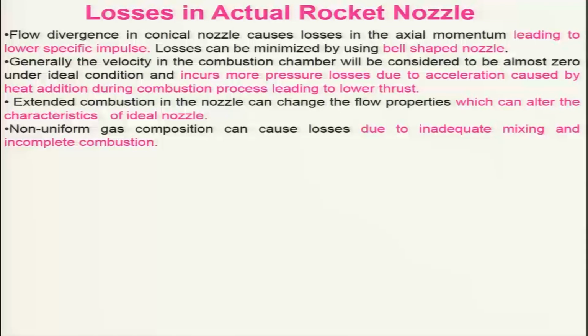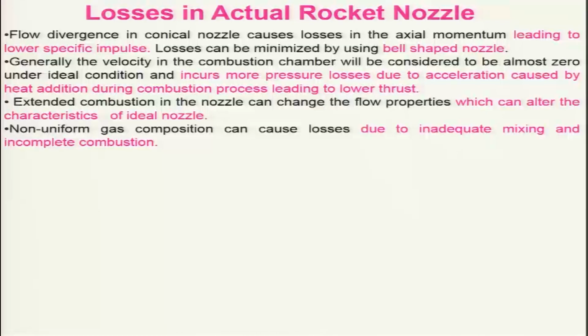We have assumed uniform gas composition in the nozzle, which is not true, because the temperature will be changing, and also some combustion might be taking place, as we just discussed. As a result it can cause losses due to inadequate mixing and incomplete combustion.